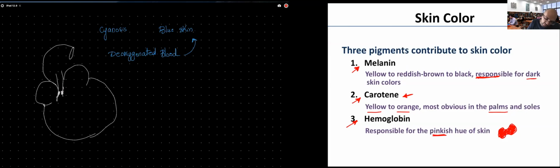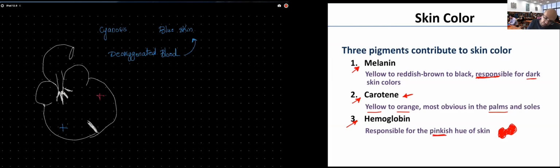So if we're looking here, here I have oxygenated blood, here I have deoxygenated blood. So the aorta will be overriding, meaning it's going to be able to receive blood from both sides of the heart, from both right and left sides of the heart.